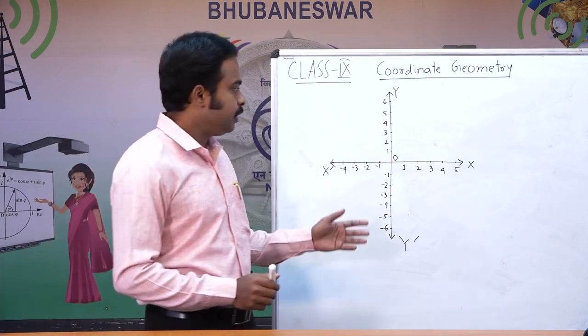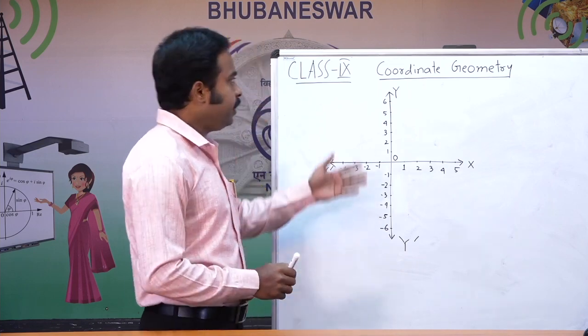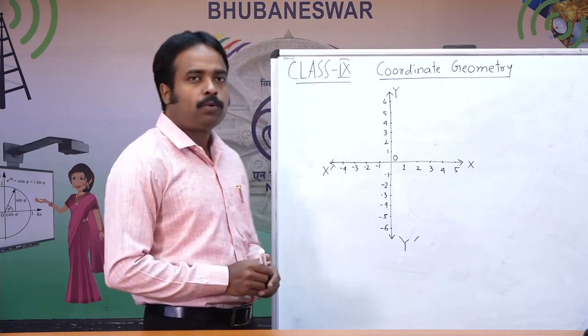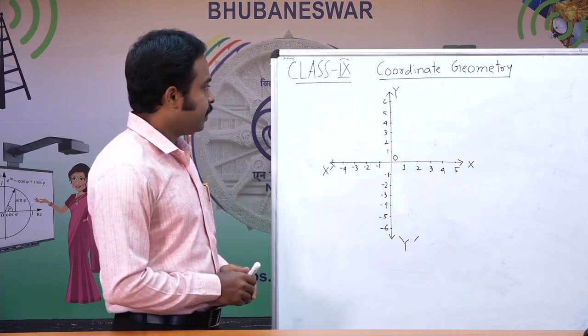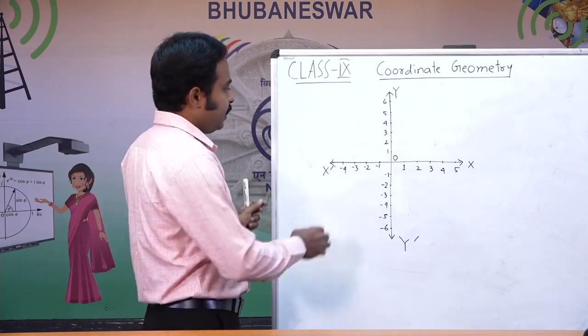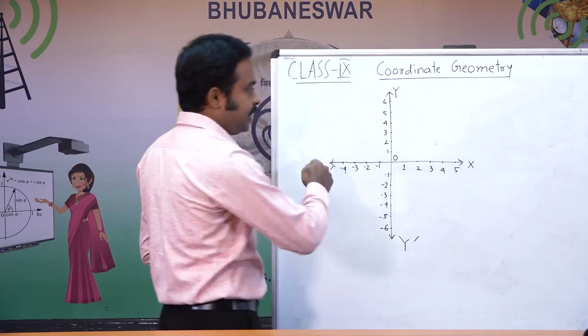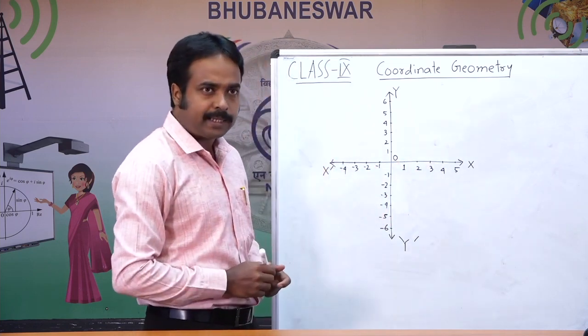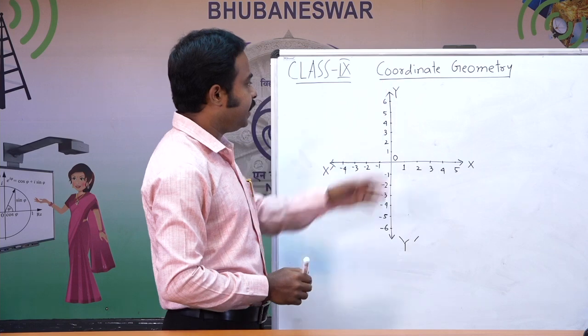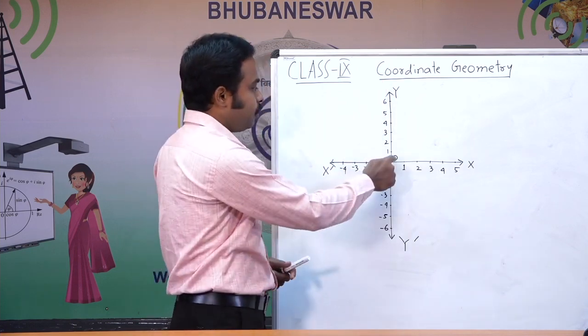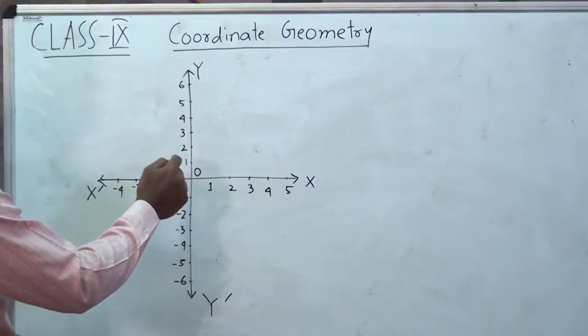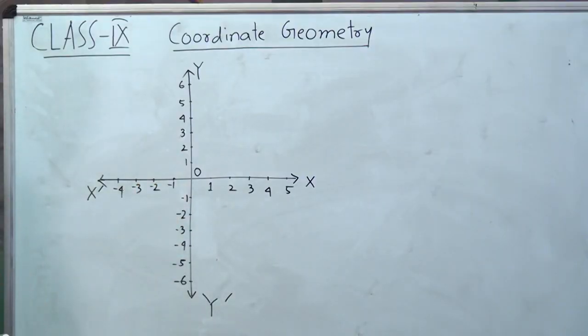Now students, if we take the face of this whiteboard as the Cartesian plane, then this horizontal line is the x-axis, this vertical line is the y-axis, and they intersect at the point O, which we take as the origin.